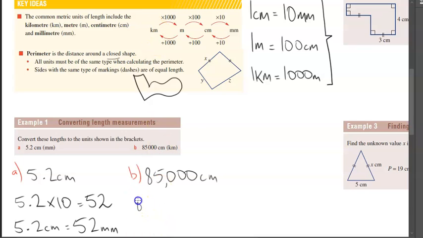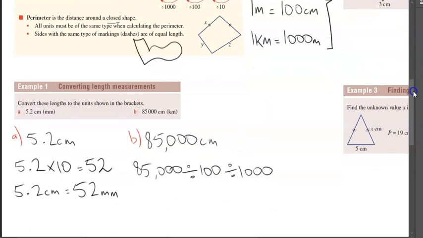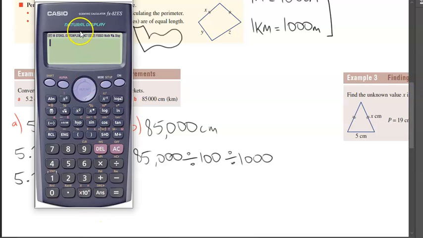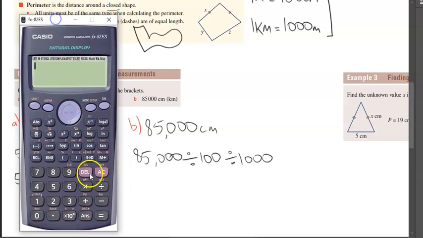So this is going to be 85,000 divided by 100 first to get to meters, and then whatever this answer is, we're going to divide this again by 1,000 to get it into kilometers. So in this case, and we can use our trusted calculator for this one, if you have a scientific calculator, 85,000 divided by 100 divided by 1,000.